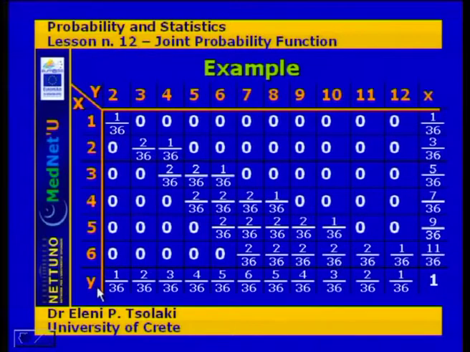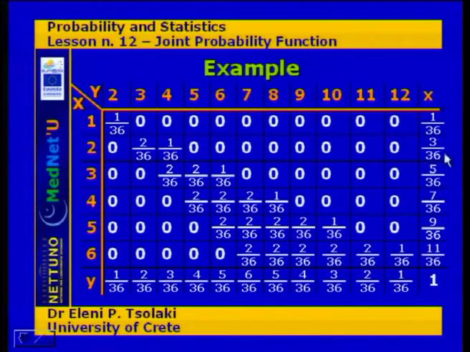The probability that Y will be 2 is 1 over 36. The same way, we add up numbers. We see here is 2 plus 2 plus 1, 5 over 36. And so the marginal distribution function of Y is given here.